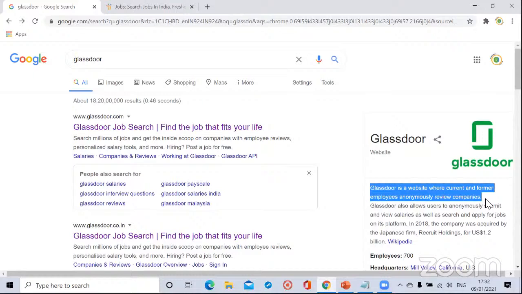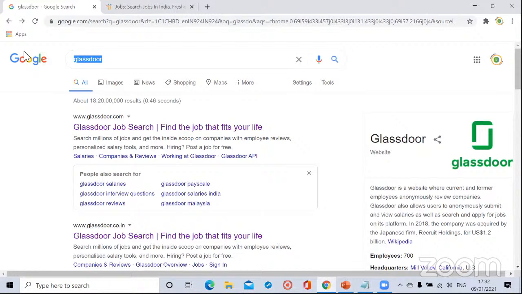I personally suggest you appear for the placement drive, but don't pay any money to anyone. If any company is asking you for money for releasing an offer letter, that company is completely fake. Even when you search, Google is a crawler, guys. Whatever you search on Google, Google will show searches relevant to that.